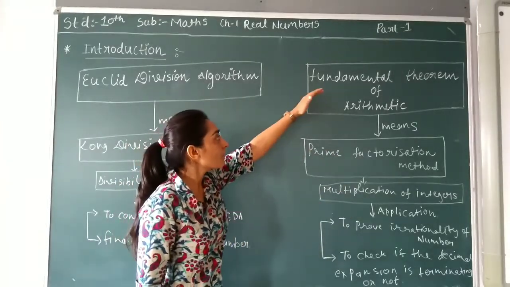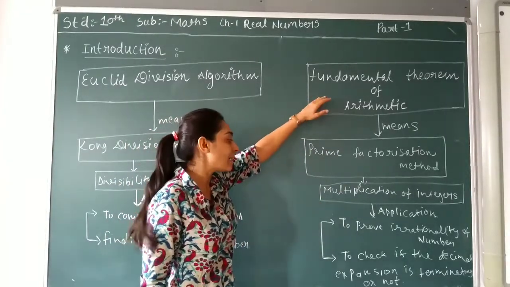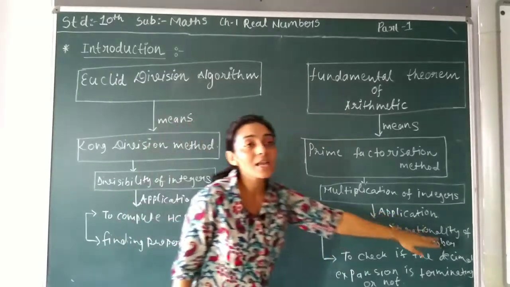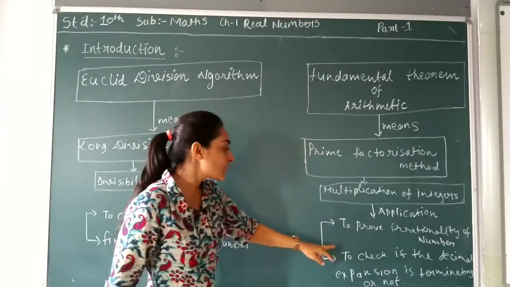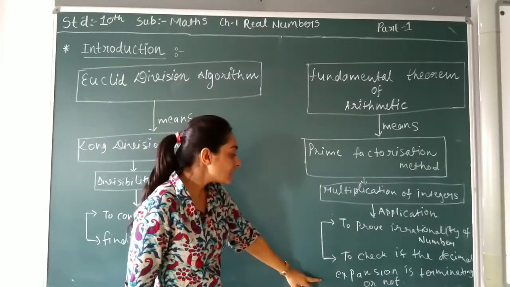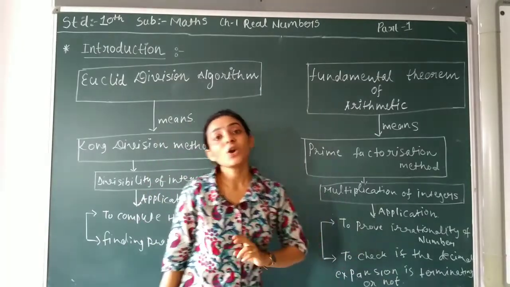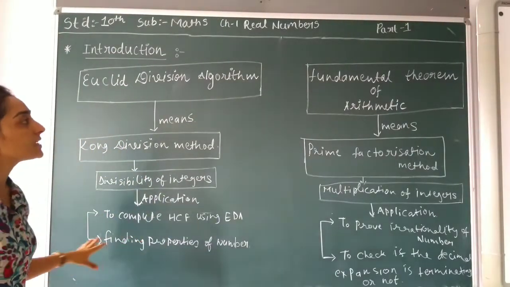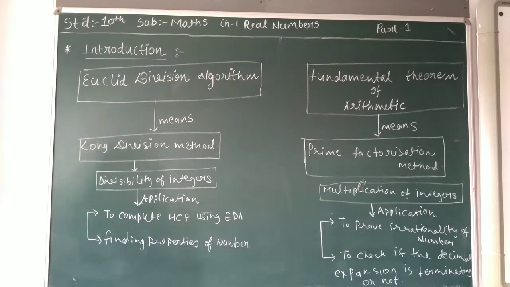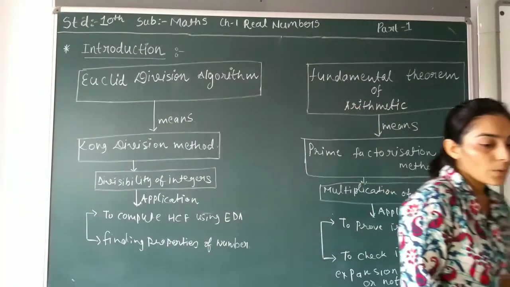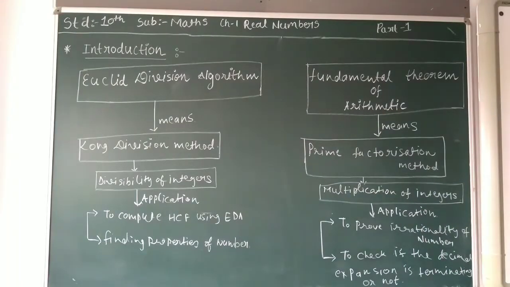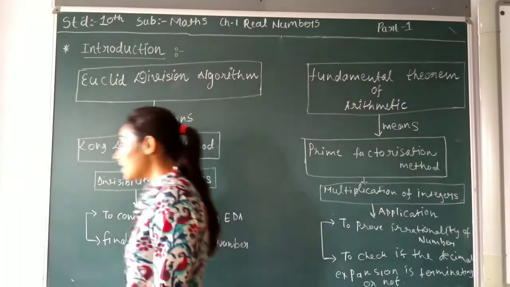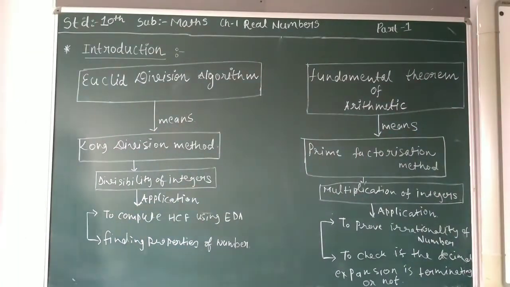The application of this fundamental theorem of arithmetic is to prove the irrationality of numbers and to check if the decimal expansion is terminating or not. This is what we are going to learn in chapter number 1, real numbers. It's a very easy chapter. Just quickly note down what we are going to learn in this chapter so that you will get an idea while revising it.